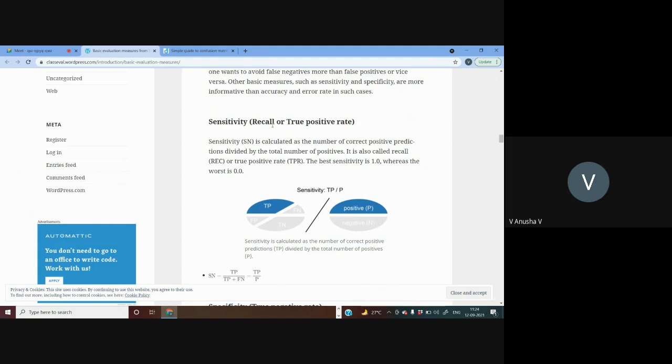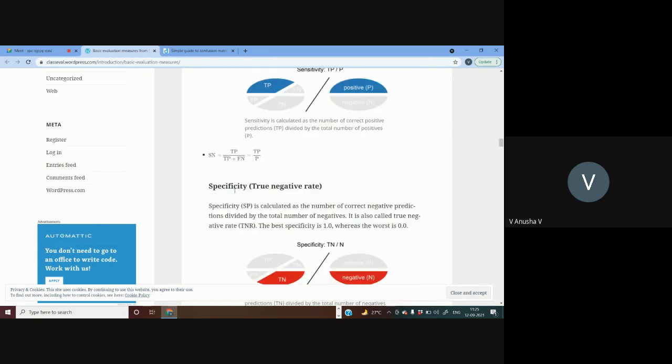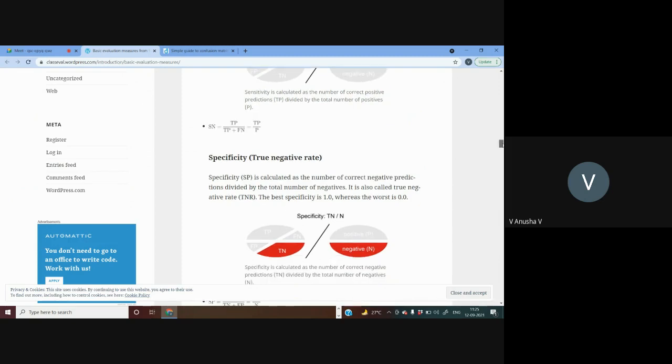You can call it recall or true positive rate. Next is specificity, that is true negative rate. As the name suggests, it is the number of correct negative predictions divided by the total number of negatives. Okay. So TN by negative values. True negative by negative values will be true negative plus false positive. That's it. Like that you need to find it out.